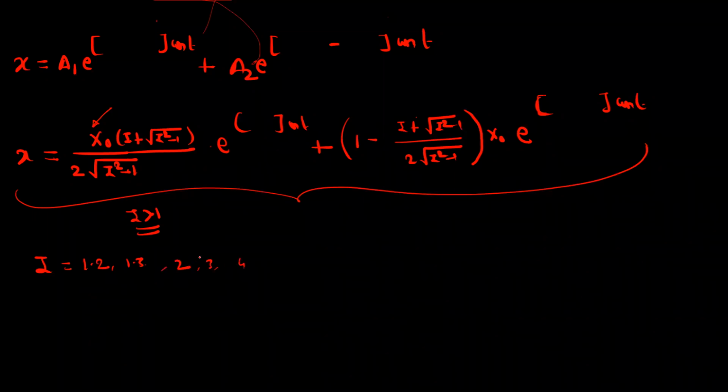We can take any value which is greater than 1, so this is again a constant value. Omega n is the natural frequency of the system. It depends on the k and the mass, so this is again a constant value. So the only variable term is the time value.